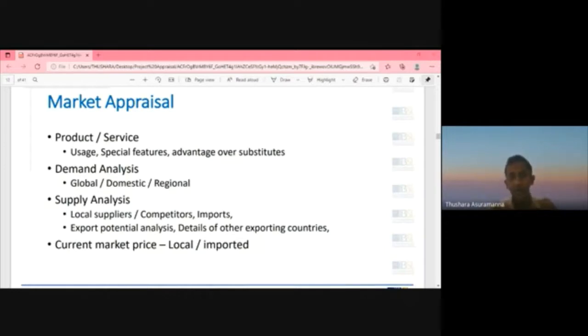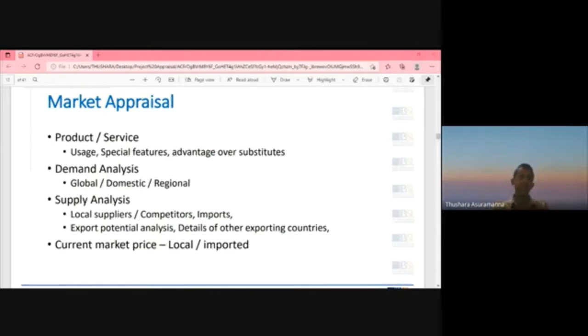So that's more than enough. Otherwise, when you say product and service and keep it open, nobody knows what you mean. Right? Demand analysis, sometimes we could understand, but better you explain it's demand from the customer perspective, and supply from the supplier perspective. And for current market prices, local and imported, you compare with existing local prices and imported prices of the rest of the players together with the sponsor's price.